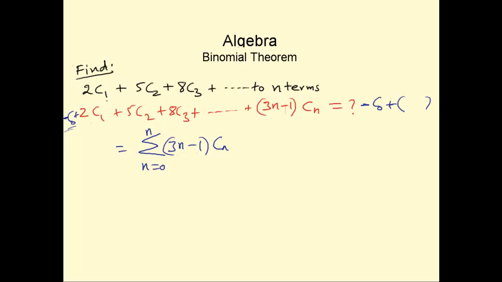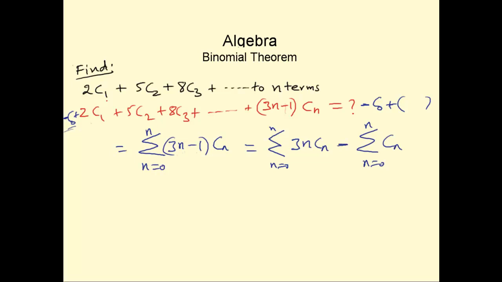So now we need to simplify this so that you can separate out the two terms. So this can be written as sigma 3n cn, where n is equal to 0 to n, minus sigma n is equal to 0 to n of cn, right?